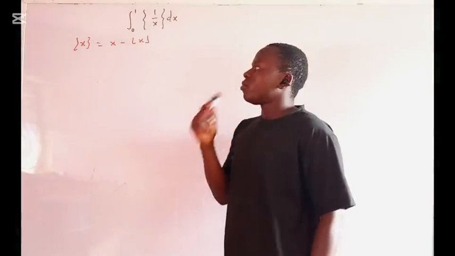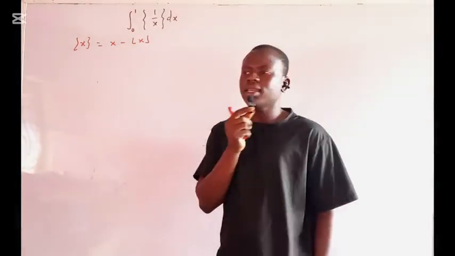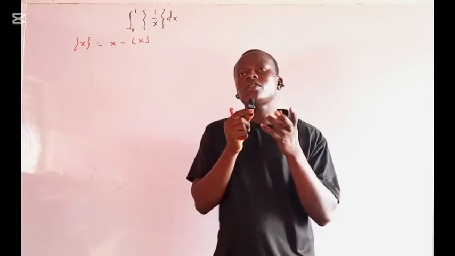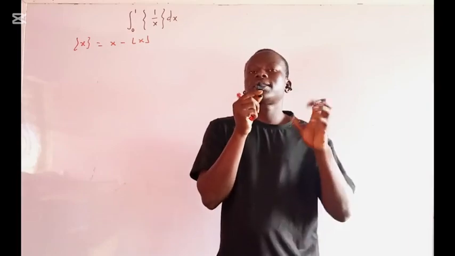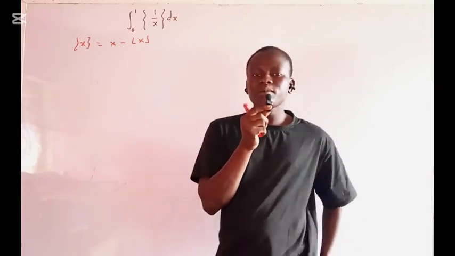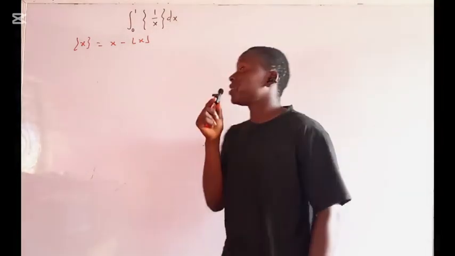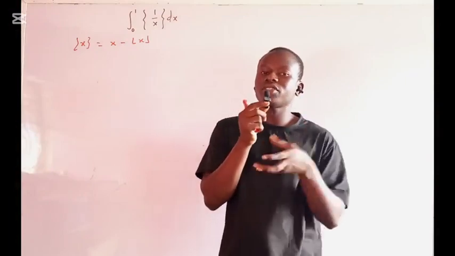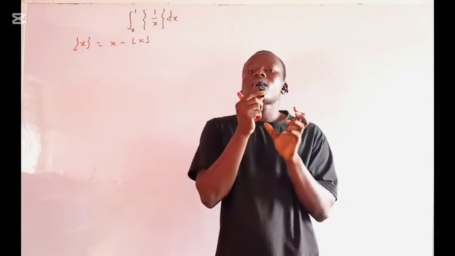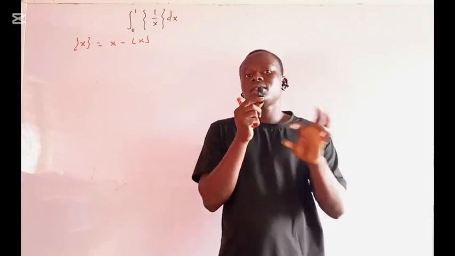Now, what is the fractional part function saying? When you are asked to find the fractional part of a number, it means you are taking the decimal part only. But with the floor function, you are asked to take the integer, not the decimal.